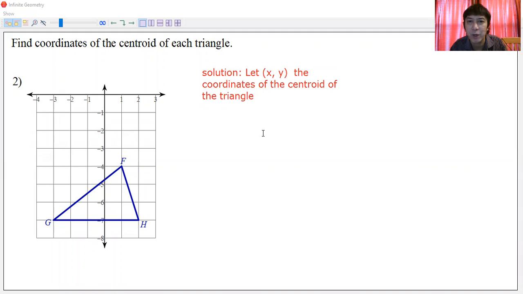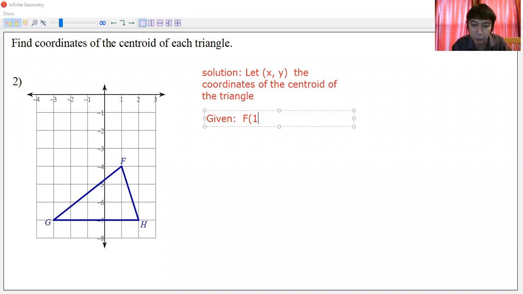Let xy be the coordinates of the centroid. We start with the given. First point we have F, and that will be 1, negative 4, the coordinates.